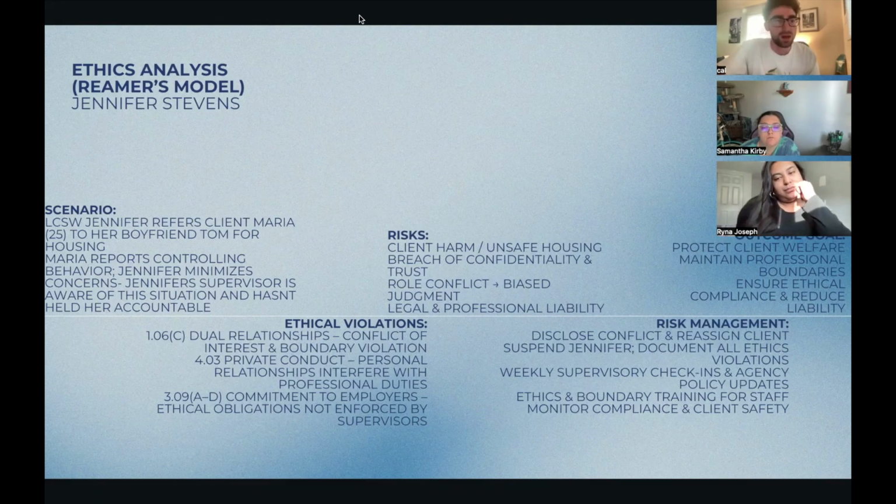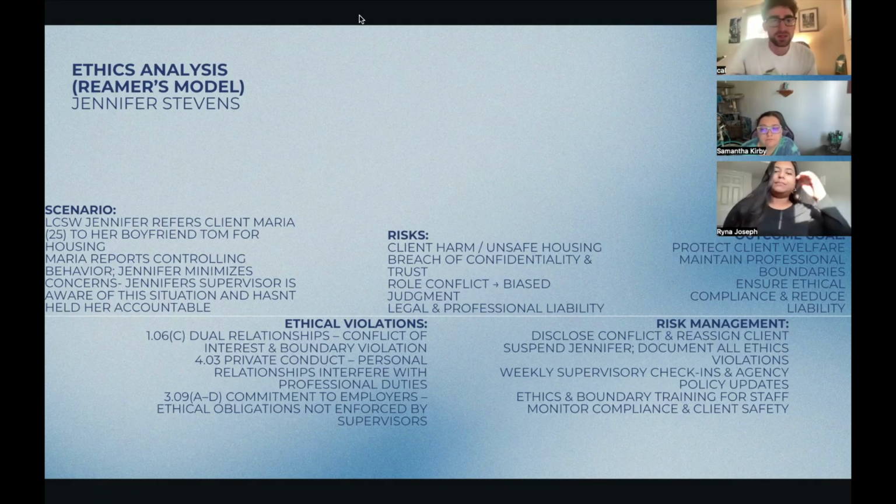And here, Jennifer is letting her relationship with Tom interfere with her duty to help her client. And finally, we have 3.09 A through D, commitment to employers. Our employers have ethical obligations to hold providers accountable when they violate standards, and that hasn't happened yet. So somebody needs to take action.